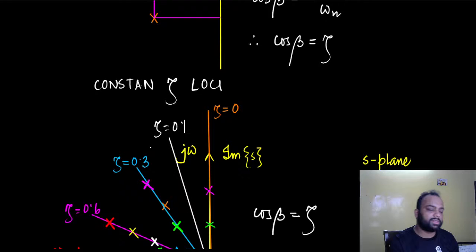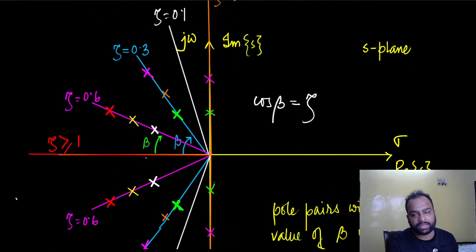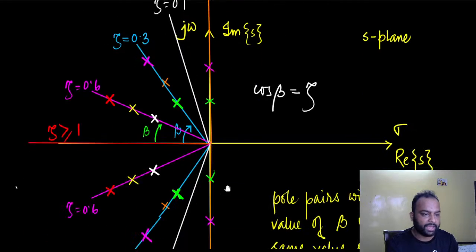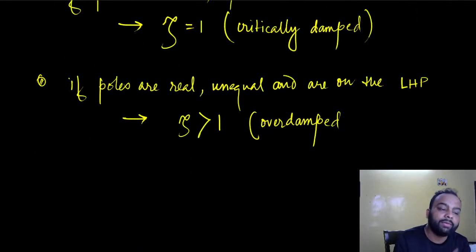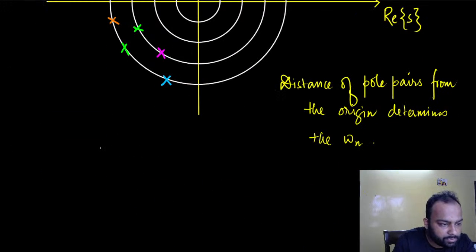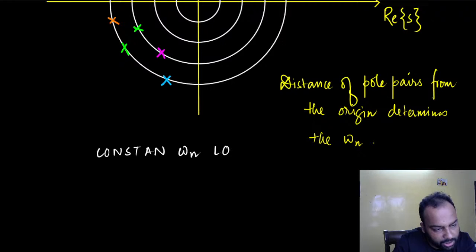So this graph template is known as the constant damping ratio loci. Plural of locus is loci. And this drawing is the constant undamped natural frequency loci. Okay, got it?